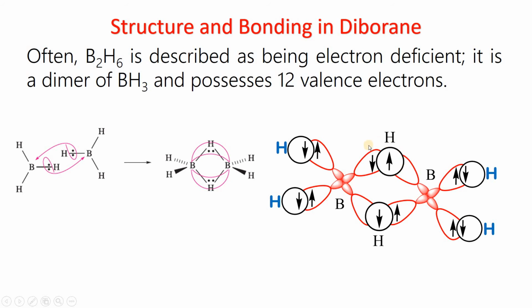One is contributed by boron and the other by hydrogen. If you look here, 1, 2, 3, there are 3 centers but only 2 electrons, one contributed by boron and the other by hydrogen. So again there are 3 centers, 2 electrons. So these are the 3 center 2 electron bonds or electron deficient bonds. These are not normal 2 center 2 electron bonds like the 4 terminal ones. These are electron deficient 3 center 2 electron bonds.